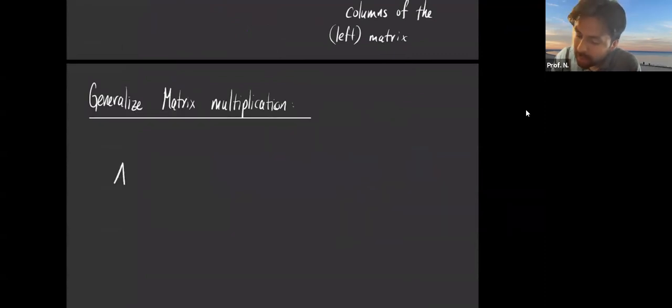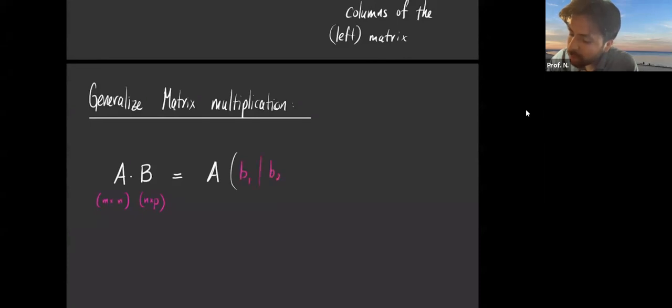So if we have A times B, right? And let's say A is M by N, and then B is N by P, right? So what we can do is we can consider this as A multiplied by, and then we have B. And we're going to call B1, B2, B3.